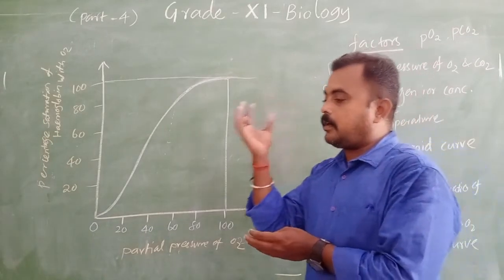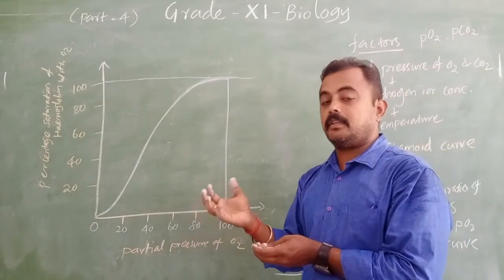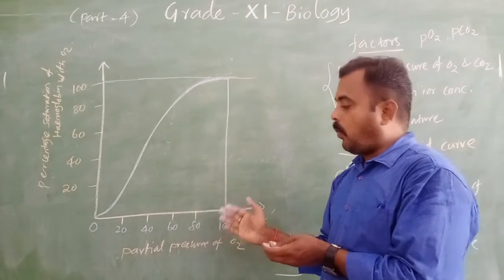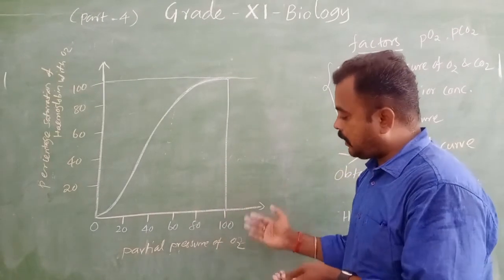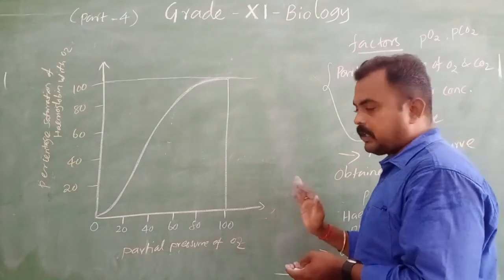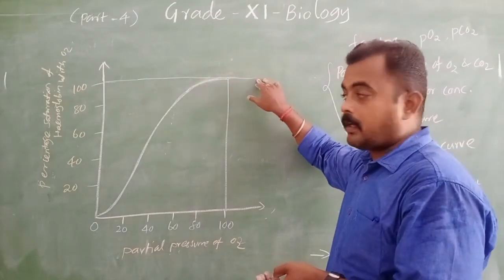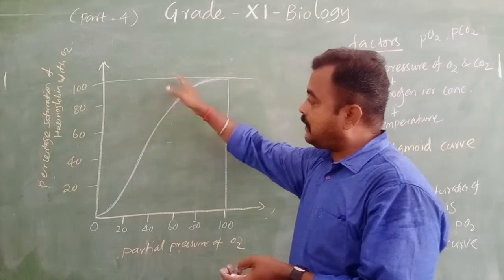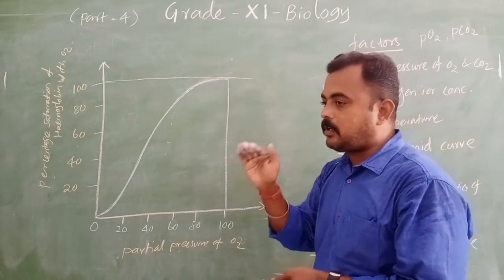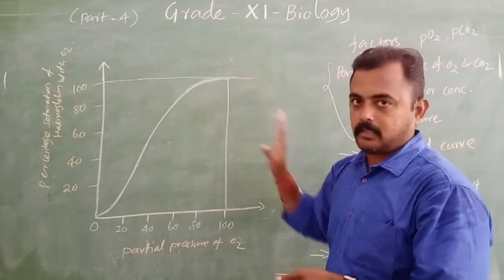If outside in atmospheric air the partial pressure of oxygen is 100 or 200 or 300, whatever it may be, after that the curve should be flat, because after that the hemoglobin does not carry more oxygen. Only a certain amount of oxygen is carried. That is represented by this picture.